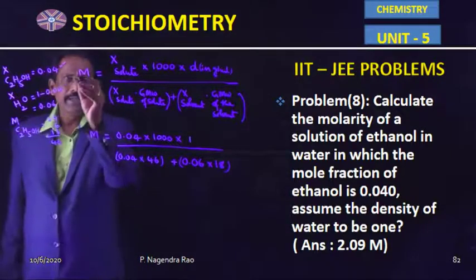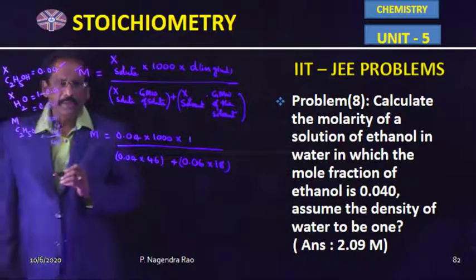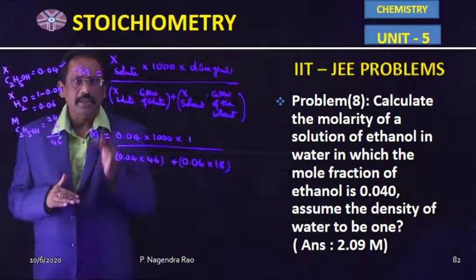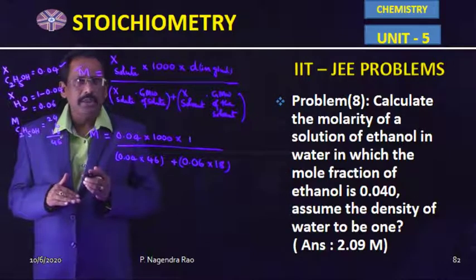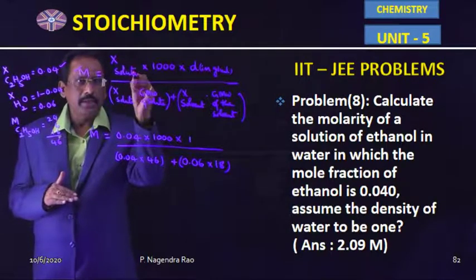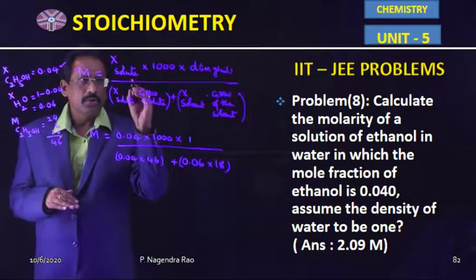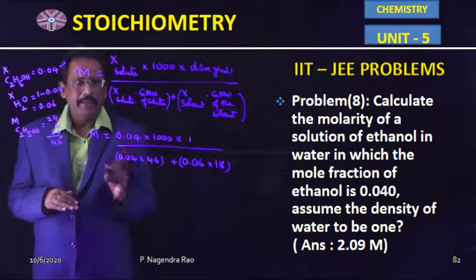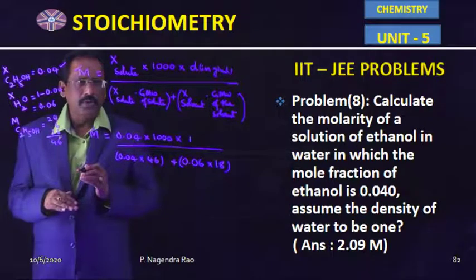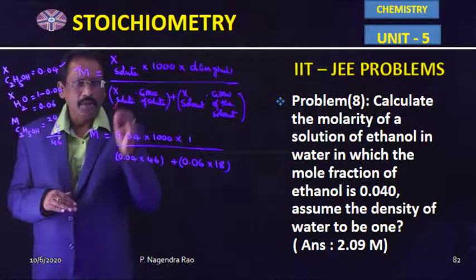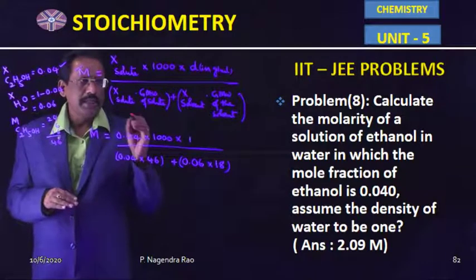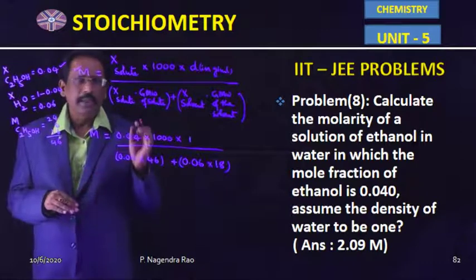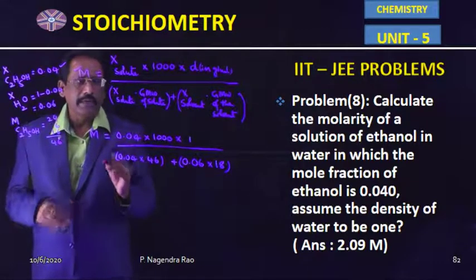So a very important relationship in between the molarity and mole fraction is molarity of the solution is equal to mole fraction of the solute into 1000 into density of the solution divided by mole fraction of the solute into gram molecular weight of the solute plus the mole fraction of the solvent into gram molecular weight of the solvent.